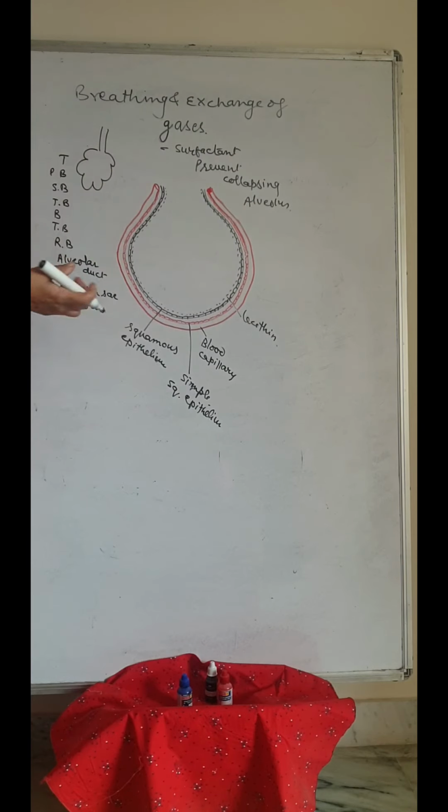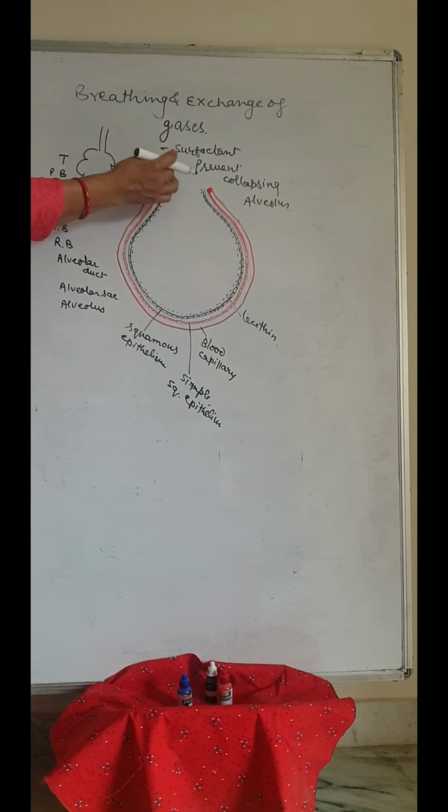It keeps the alveolus in an expanded condition. So this is the blood capillary, this is the alveolar wall, this is the lecithin, and the duct is the alveolar duct.